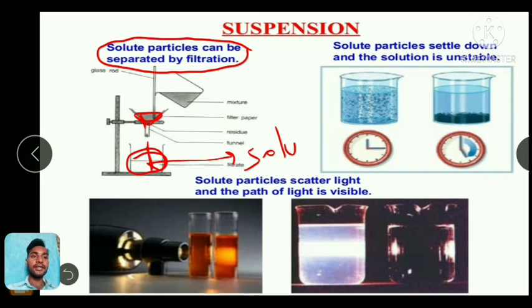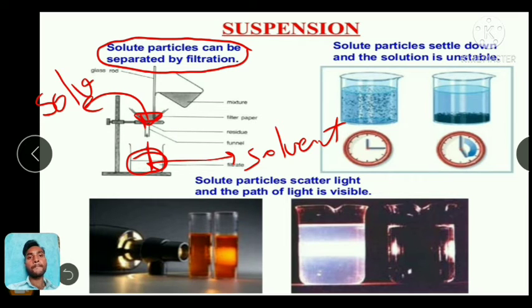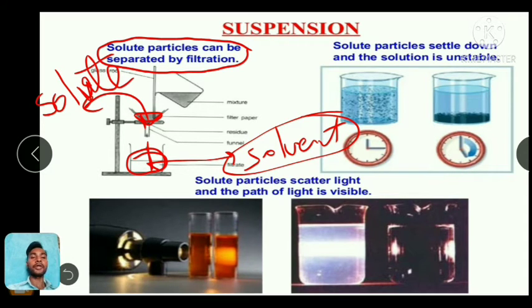The solvent is separated, and the leftover material, in the form of particles, will be here in the funnel. I'm sorry, that is the solvent, and that is the solute.